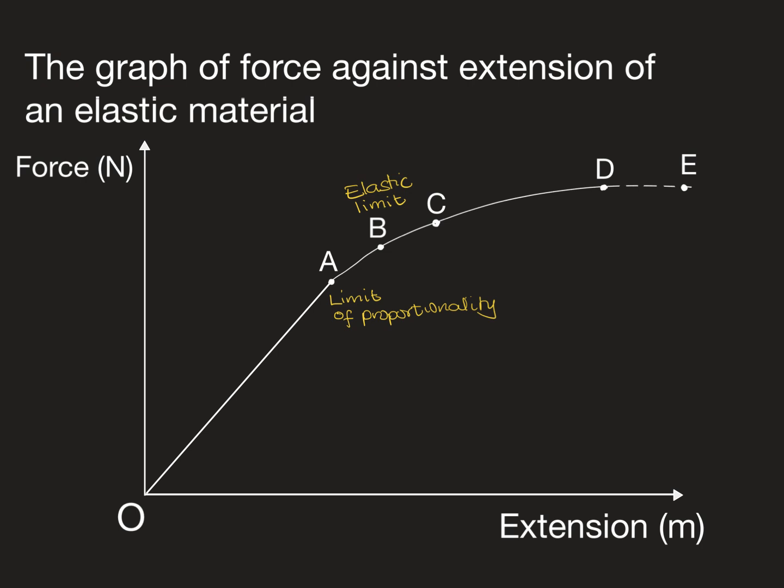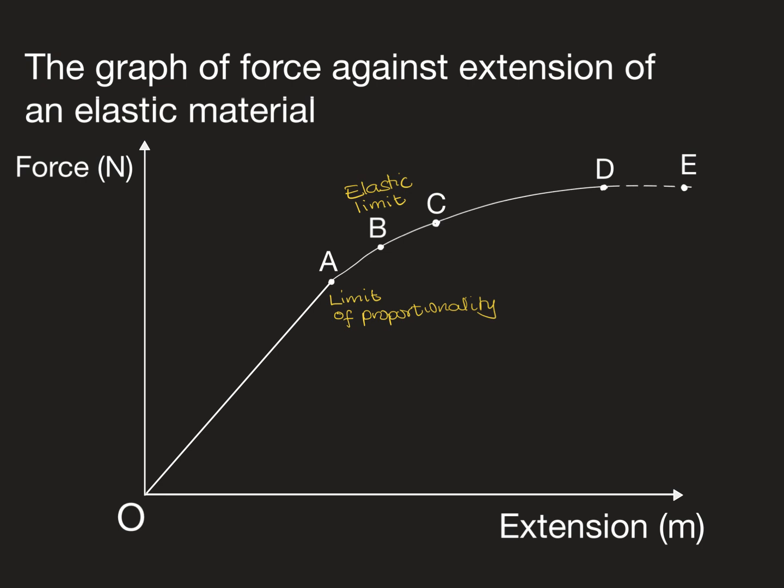Remember, the law states that provided that the elastic limit is not exceeded, the applied force is directly proportional to the extension. So this point is so critical, because if I apply any force and then the force is removed, the object will be able to restore its original dimension, which means the size and the shape.